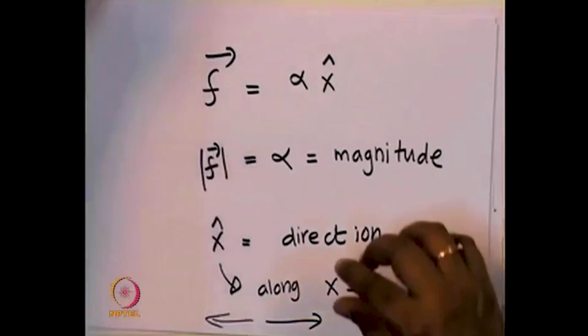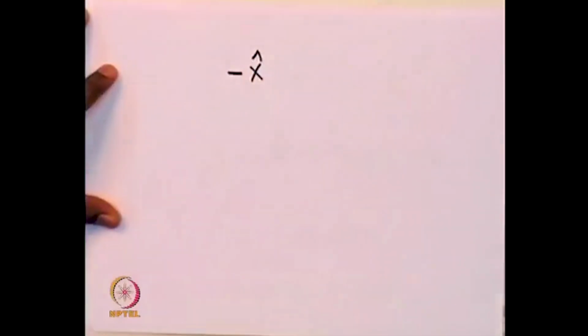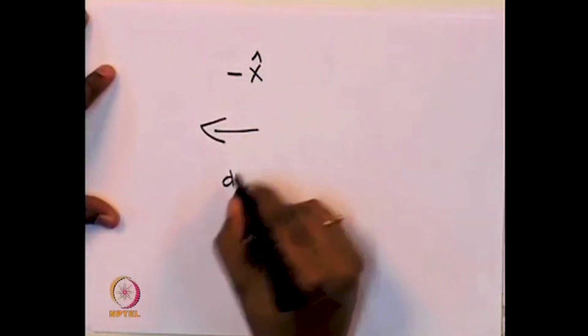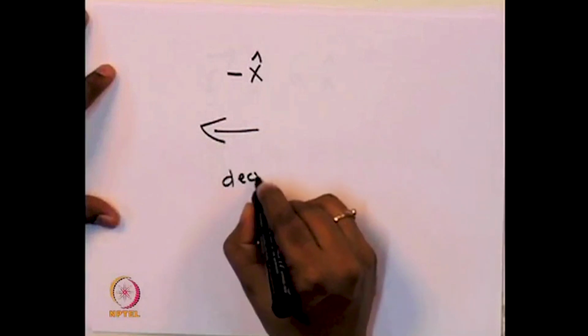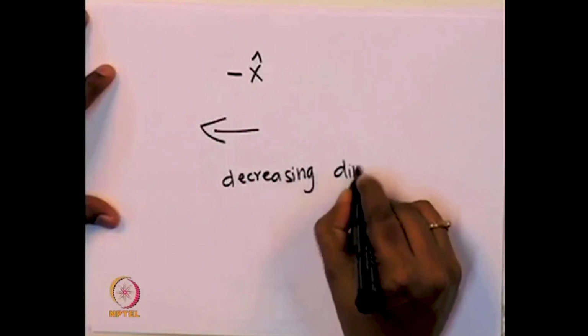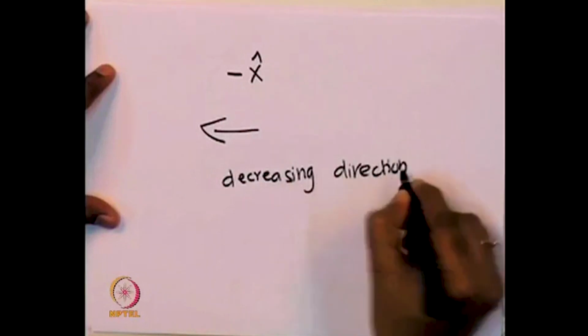Then you can say that minus x cap means this particular direction, which we can call the decreasing direction of the x-axis.